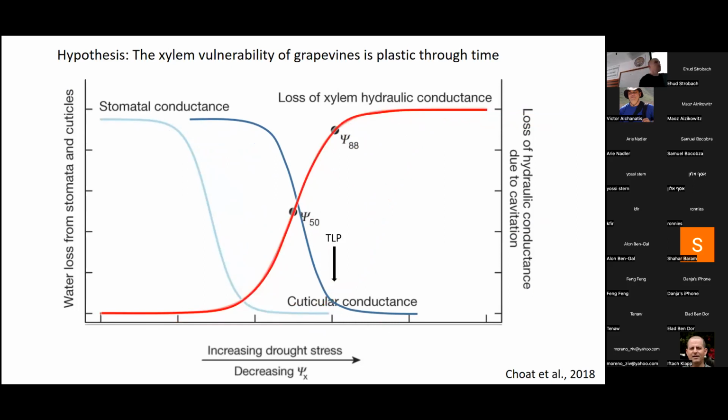Otherwise, we would get this image, which doesn't make sense from a strategic point of view, that plants will transpire, keep their stomata open despite the fact they are cavitating. Because again, cavitation is irreversible. Even after you irrigate, it's debatable if they can refill. And in most cases, they will have to regrow new xylem, which takes a long time. So we assume that it changed.